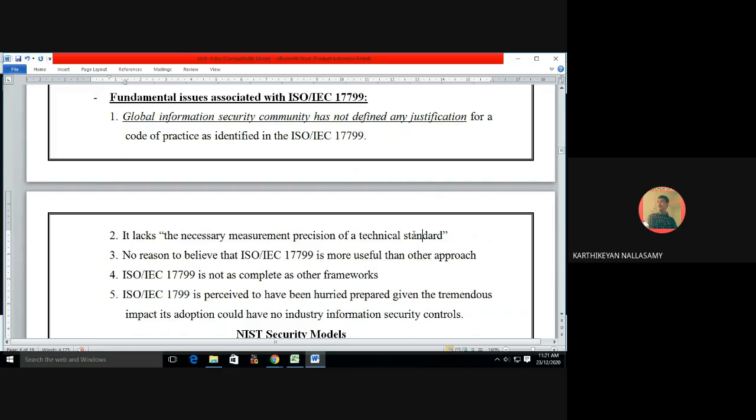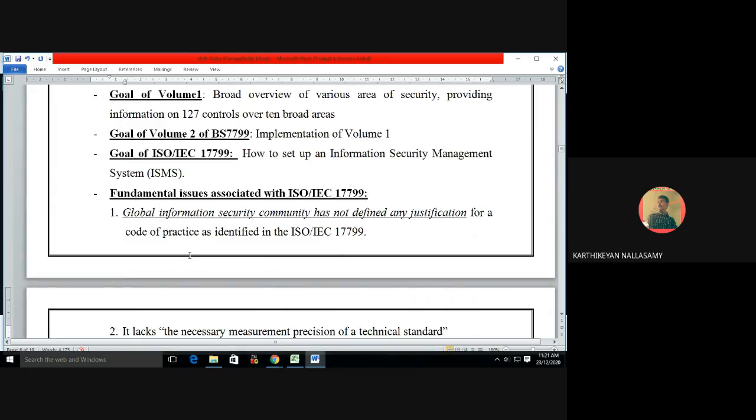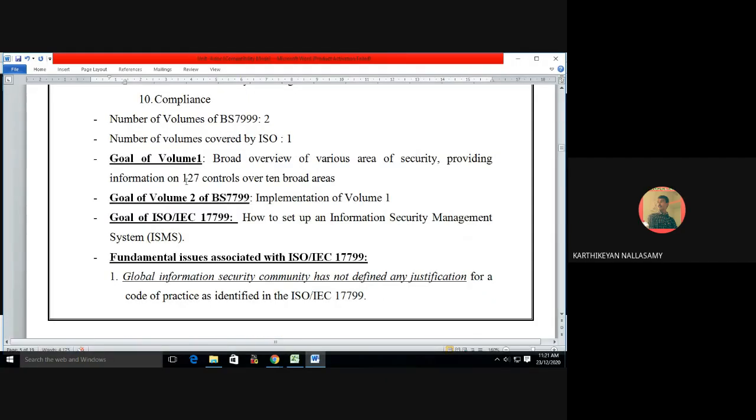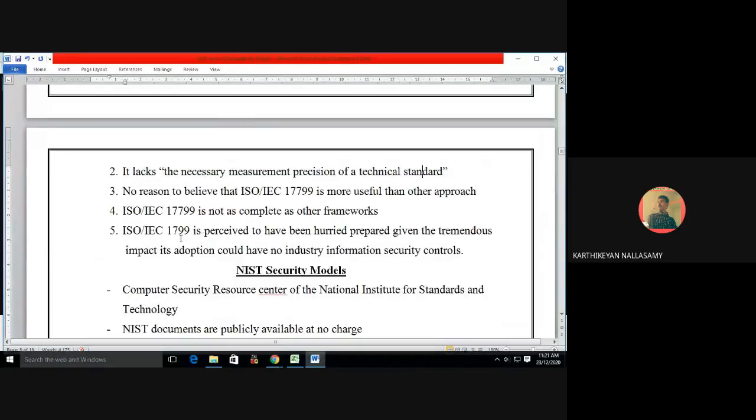It lacks measurements for implementation of technical standards. Next, we don't have any proper reason to believe the standard is more useful. Also it is not complete, because it only focuses on 10 broad areas and defines only 127 controls.